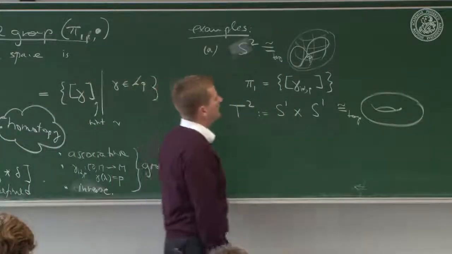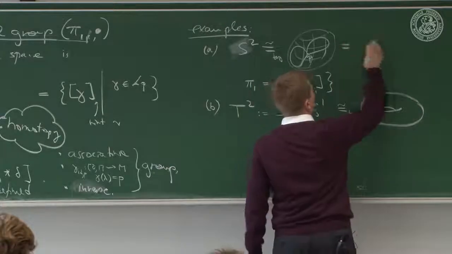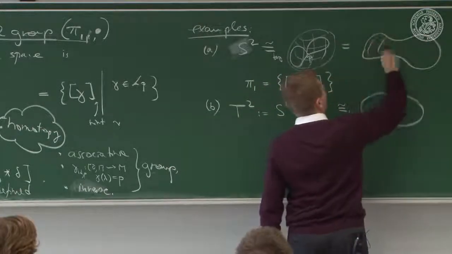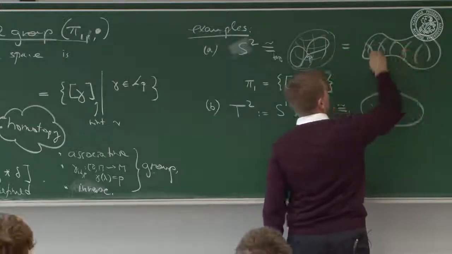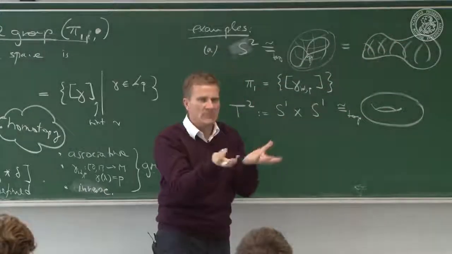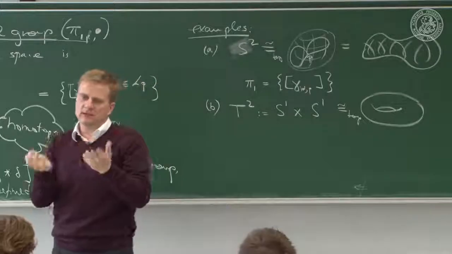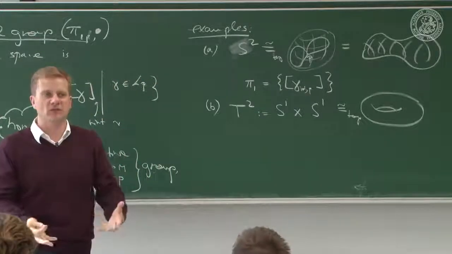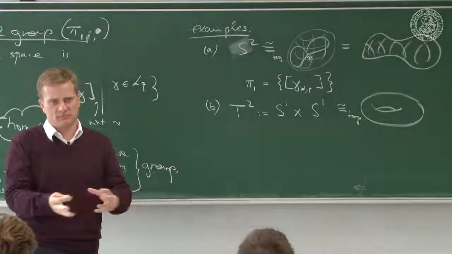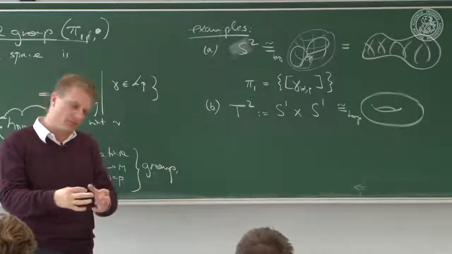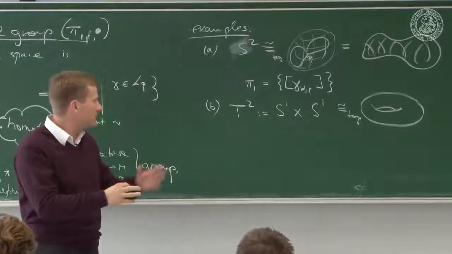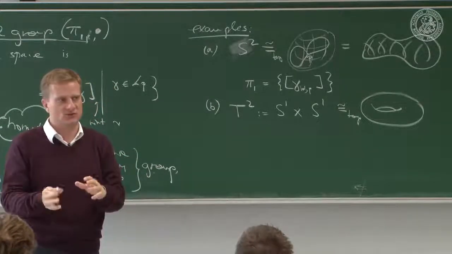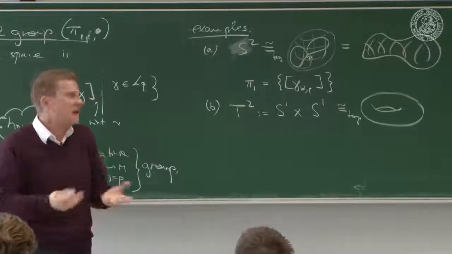By the way, up here, it wouldn't have made the slightest difference if I had drawn the sphere like this, because shape is something that is an intuition of ours, but topology doesn't provide a shape, because two spaces of different shapes like these two are actually homeomorphic. So through the glasses of topology, they are the same.